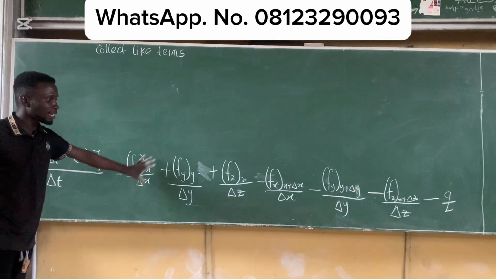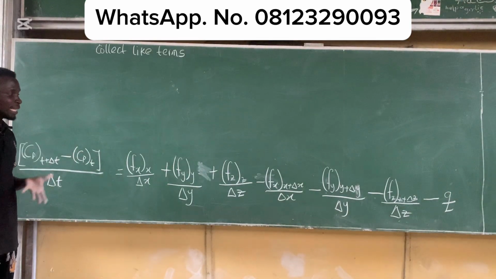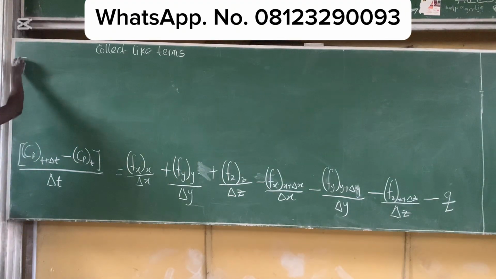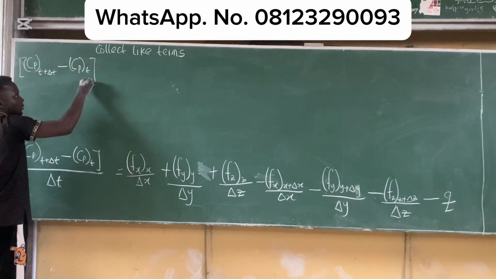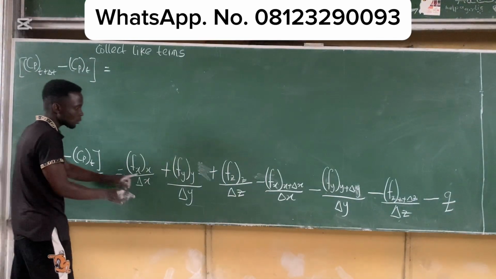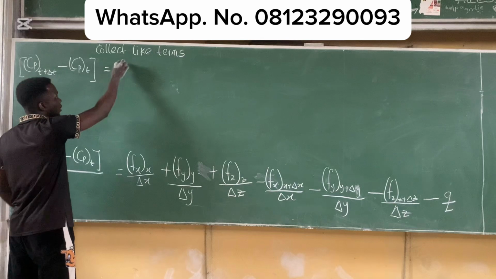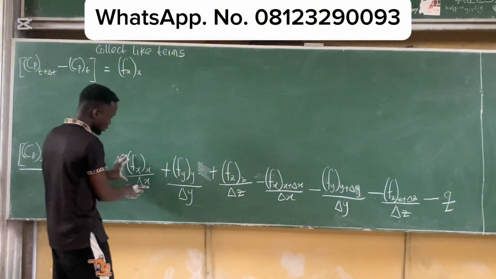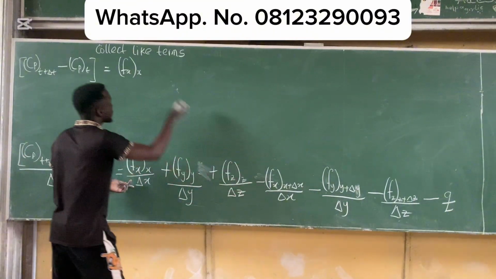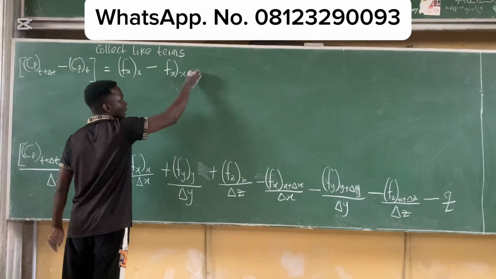Okay, so after dividing by delta x, delta y, delta z, and delta t, the next step now is to collect like terms. So if we are to collect like terms, we are going to have this Cp at t plus delta t minus Cp at t. This will be equal to the ones for the x coordinate, take them at one side. So this becomes f of x at x. Then this one has x, and this one also has x. So it becomes minus f of x at x plus delta x.